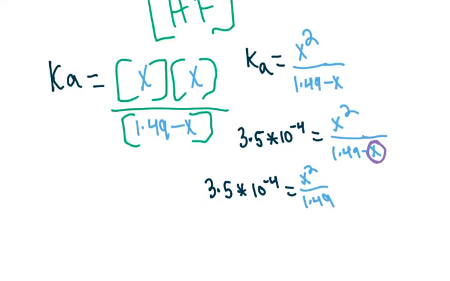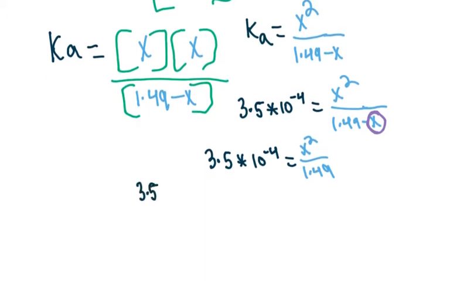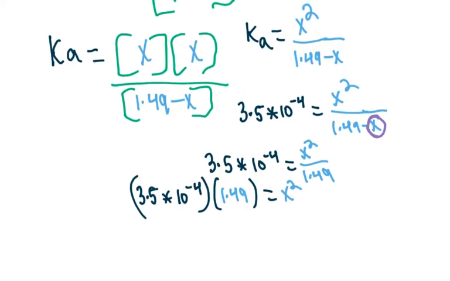All right, so now let's multiply our 1.49 to that side. So we're going to have 3.5 times 10 to the negative fourth times our 1.49, and that will get us to x squared. Let's multiply that out. 3.5 times 10 to the negative fourth times 1.49 should be around 5.215 times 10 to the negative fourth.